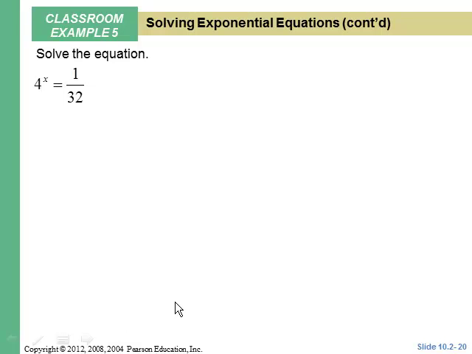Another example. This is 2 to the second to the x. This is 2 to the negative fifth.